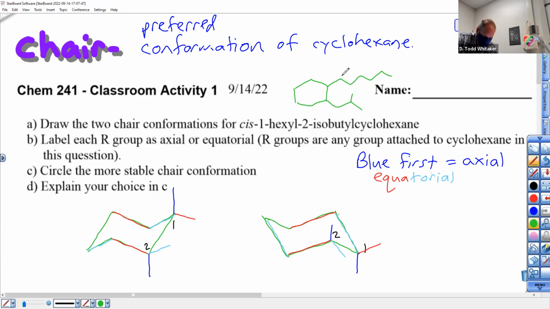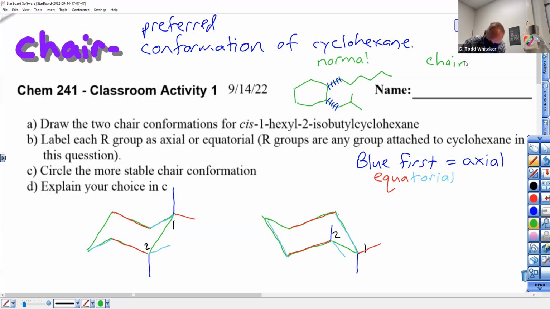So do you want to go wedge, wedge? Or this morning we went wedge, wedge. We want to go dash, dash. Okay. Now, for the purposes of wedges and dashes in the future, for no better word, I call it the normal representation versus the chair.